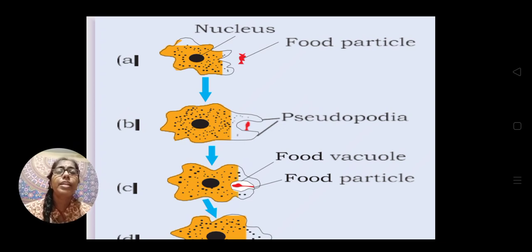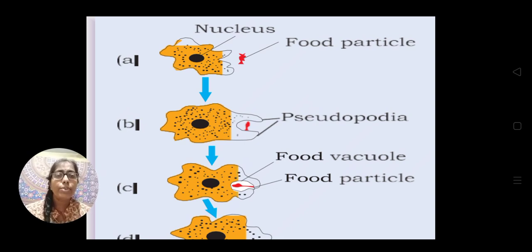As the food particle is sensed by the cell, a number of finger-like pseudopodia are produced. In diagram B, you can see two big pseudopodia growing in size, and they have formed a cup-shaped structure called the food cup.